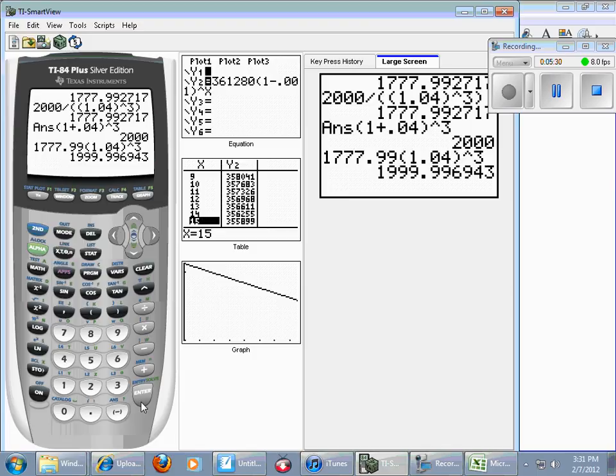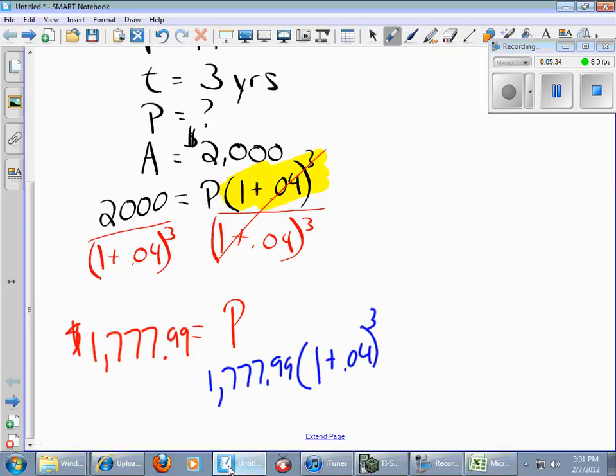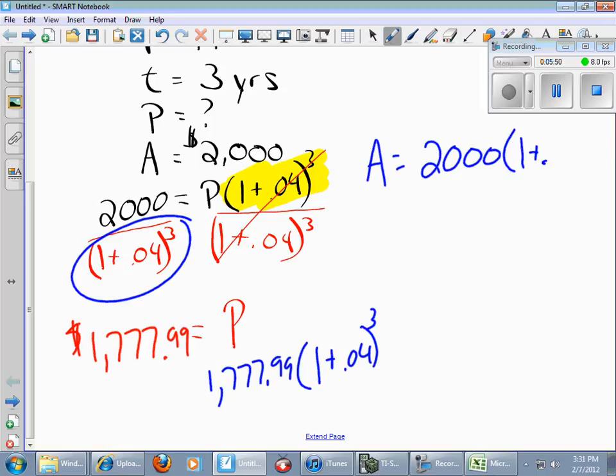Hopefully you were thinking, Mr. Lawrence, when I divided this, I could have set the problem up this way. I could have pretended it was the future. It's 3 years from now, and I have $2,000. It grew at 4% interest for the past 3 years.